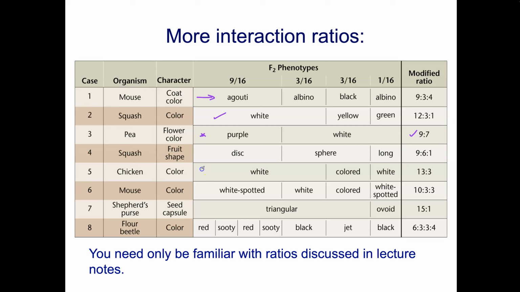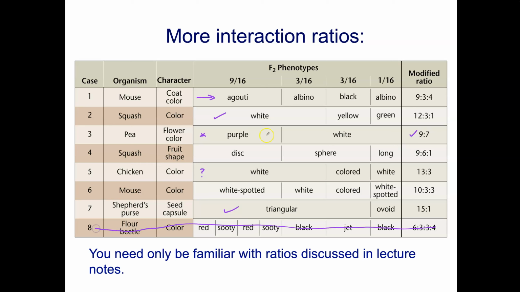You can think about this one if you want to. It's an interesting one. If you can think of a way that it might work with a 13:3 kind of ratio. The shepherd's purse. And I would probably suggest that you leave this one out.